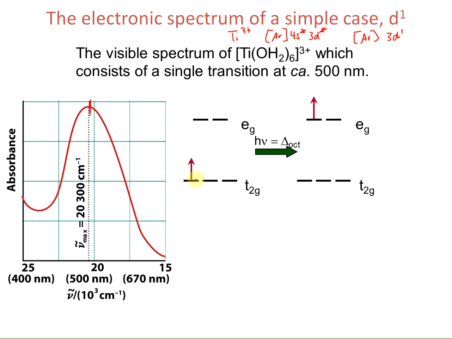Well, when we shine visible light, and remember visible light is a combination of different colors of light, it's going to absorb most strongly the light with a wavelength of 500 nanometers. And when it absorbs that light, that electron gets promoted to a higher energy level. So that light that's absorbed causes the excitation.